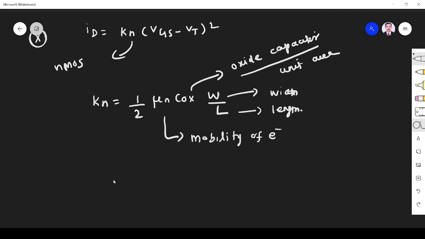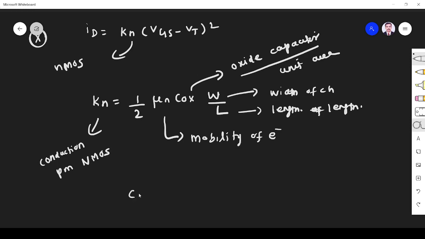What is Kn? It is nothing but the conduction parameter for NMOS. That is another important point we have to remember.